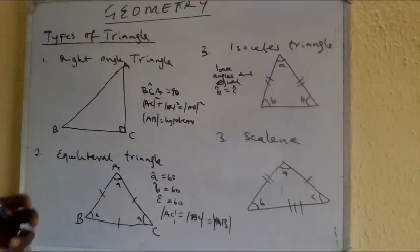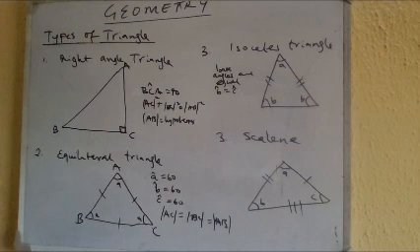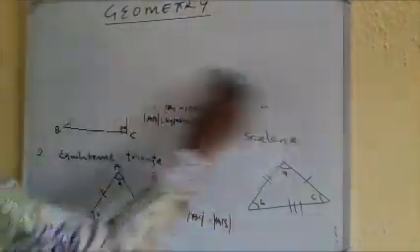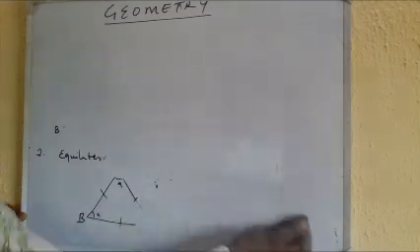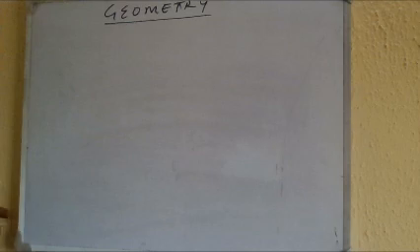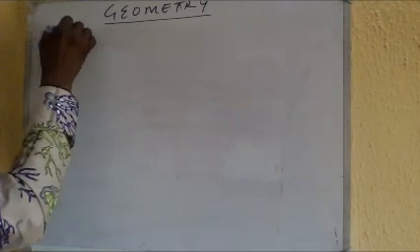Or you can say all the angles in a triangle are supplementary. So we go into what we call congruent triangles. Let me quickly just describe the concept of congruent triangles.